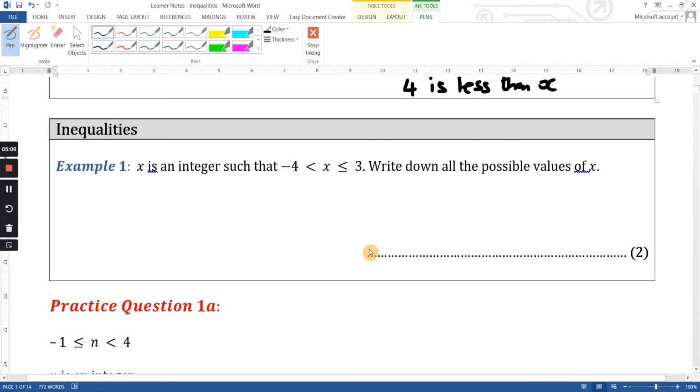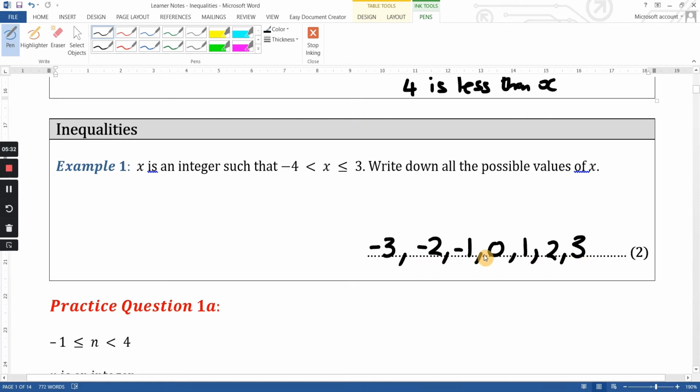So my first number is going to be minus 3, then minus 2, minus 1, 0 as well, that's included. Then we have 1, 2, and 3 included as well because it could be equal to, as there's a line there. So these are all my possible values that x could be.